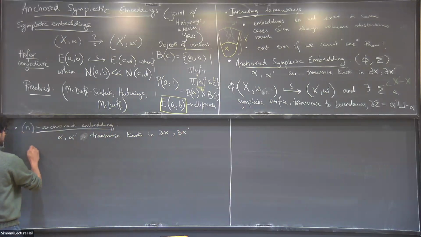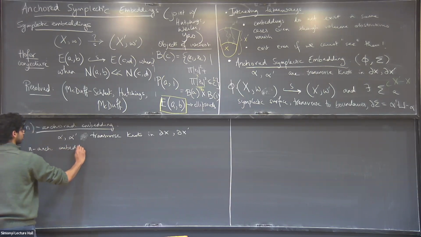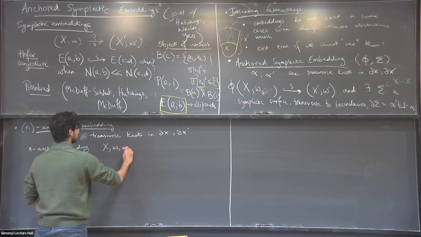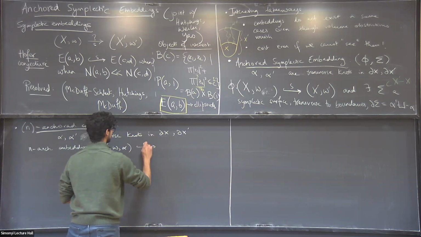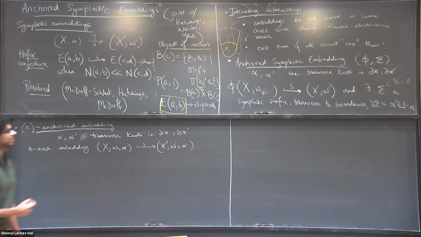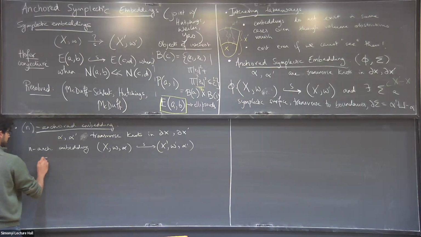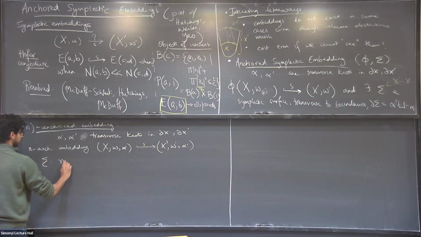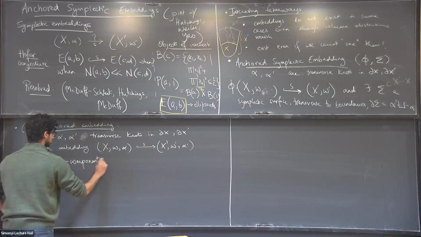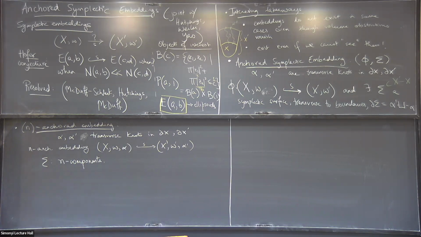Then an N-anchored embedding of (X, omega, alpha) into (X prime, omega prime, alpha prime) is the same thing as before, but sigma has N components. So with that, I'll state theorems.